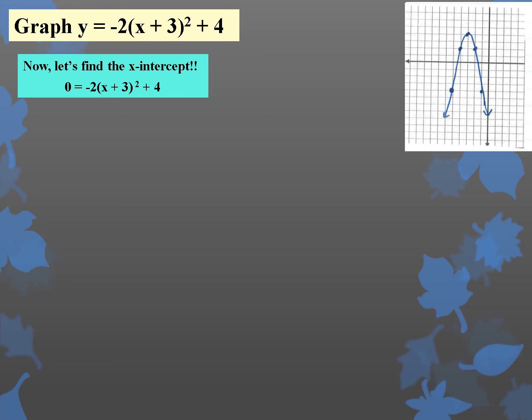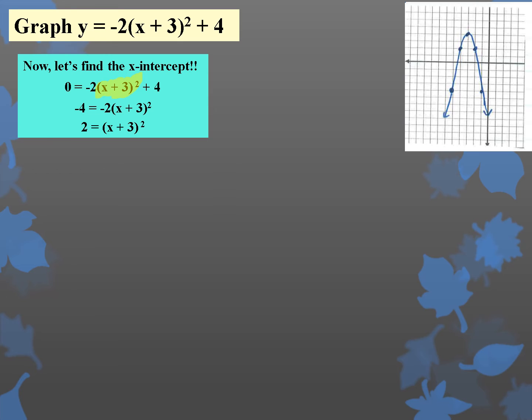Now, our goal is just like we isolated the absolute value, we want to isolate the term that's being squared. So we want to get the term that's being squared by itself. My first step is to subtract 4 from both sides. So I get negative 4 is equal to negative 2 times x plus 3 quantity squared. I now divide by negative 2, and that gives me 2 equals x plus 3 quantity squared.